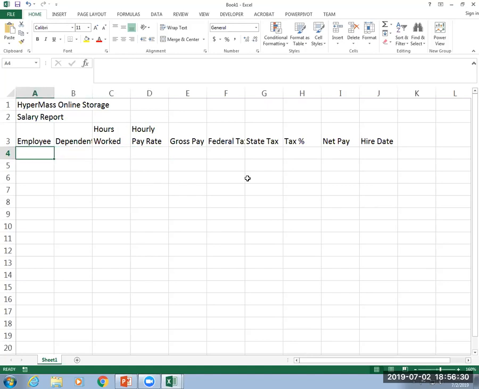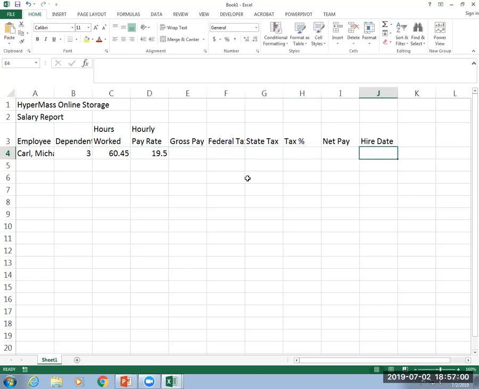The next thing that we're going to do is enter in the people's names and their dependents and hours worked and hourly pay rate and their hire date. And this is at the bottom of page 71. So in A4, it's going to be Carl, comma, Michael. And he's got 3 dependents and he worked 60, 45 and 1950.